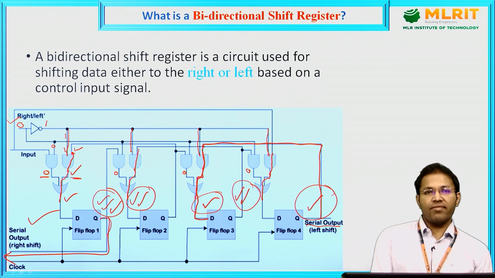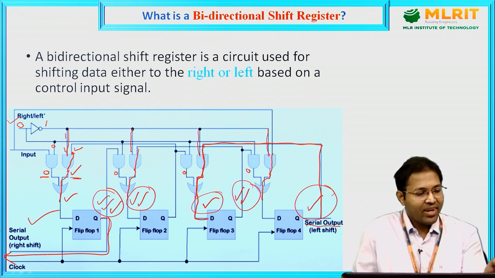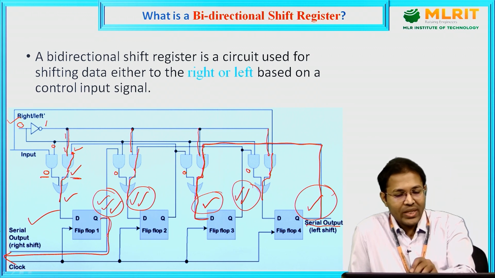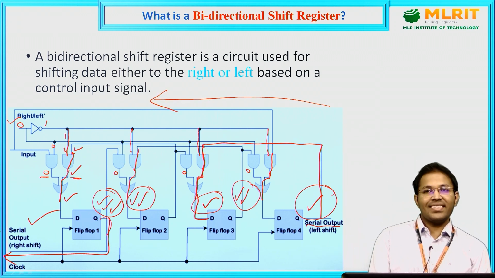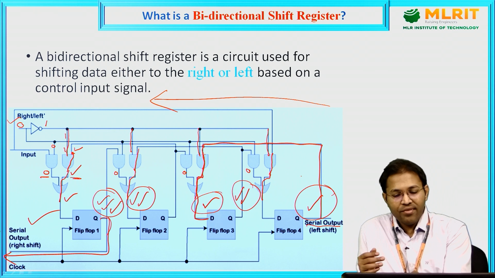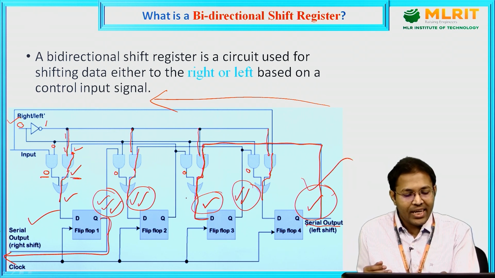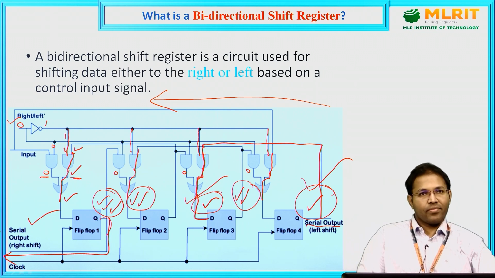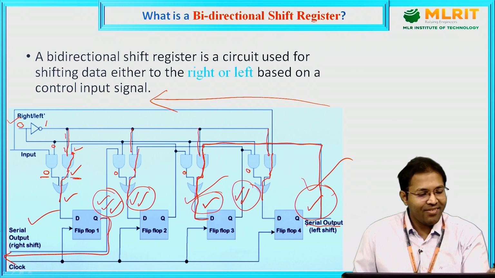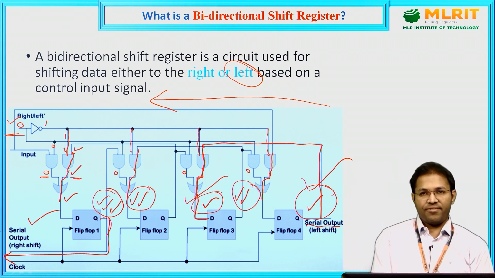So here what we have understood is that when we give 0, the data is shifting in the leftward direction. The reason is that the output of a flip-flop is connected to the input of another flip-flop which is to the left of it. So when we give 0, it acts as a left shift.